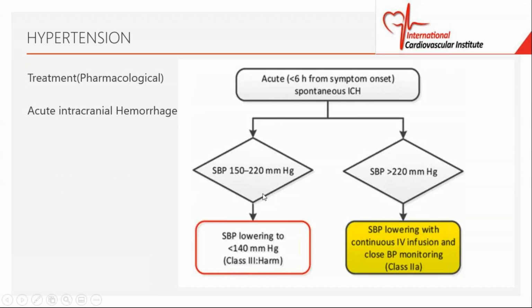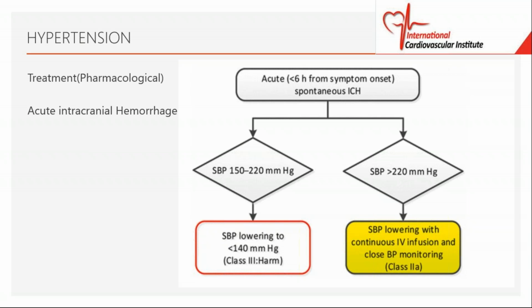All right. So this is a little chart sort of giving you an idea of what to do. So in the acute setting, that is less than 6 hours from the onset of symptoms, if the patient has a spontaneous intracerebral hemorrhage, blood pressure greater than 220, you can lower the pressure to bring it down to below 220, but you have to use intravenous drugs.